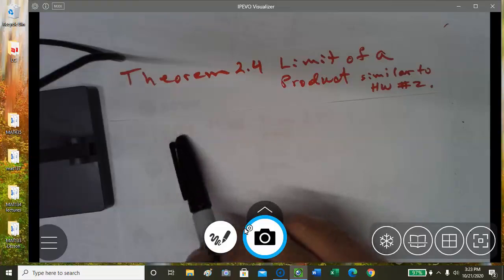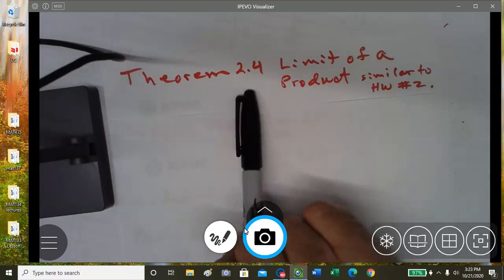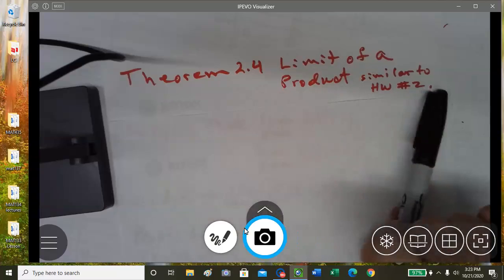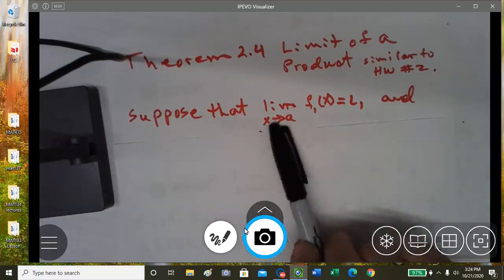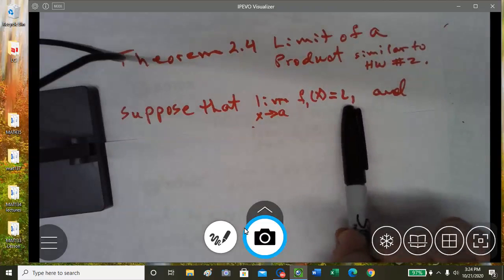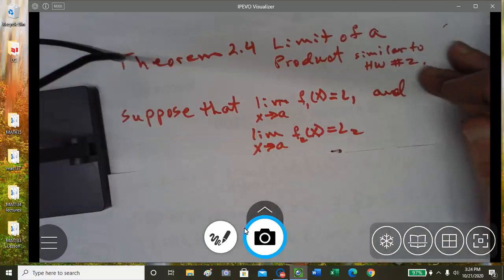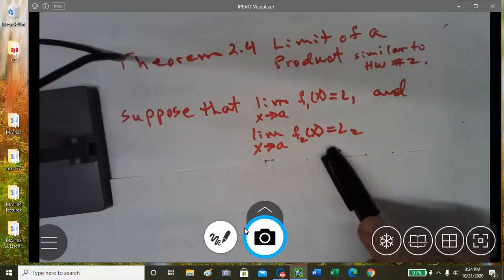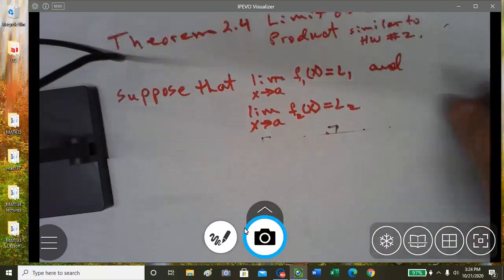About lesson 2.2, and now we're looking at proving theorem 2.4, the limit of a product, and this is similar to homework number 2. Suppose that we have the limit of f sub 1 of x equals L1 as x approaches a, and the limit of f sub 2 of x as x approaches a equals L sub 2.